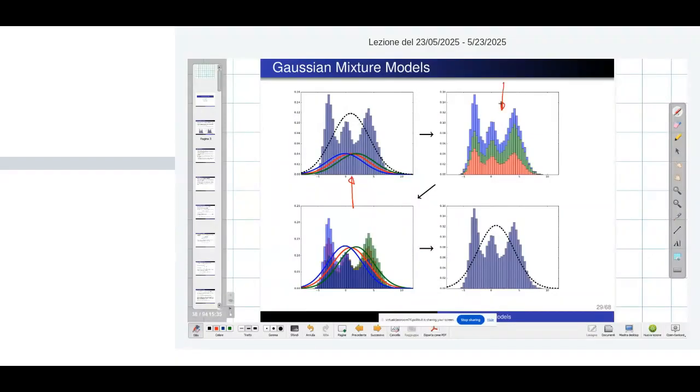But now here we have 3 overlapped histograms. What do they represent? Remember that each point is assigned to each cluster with a weight. So the height of this bar is not the number of points that have been assigned to that cluster, but is the sum of the fractions of points assigned to that cluster.